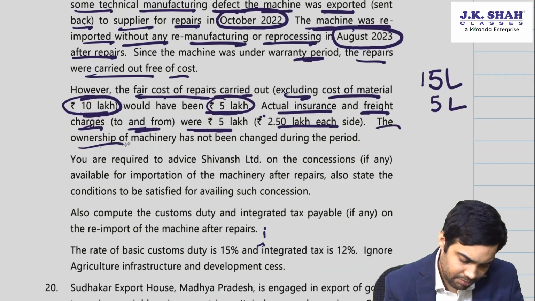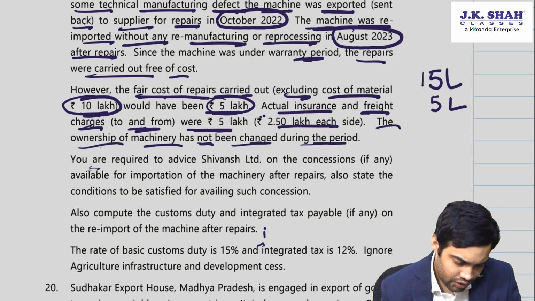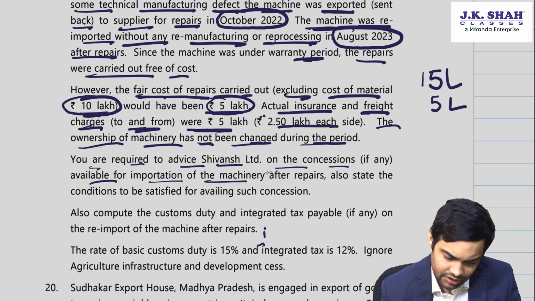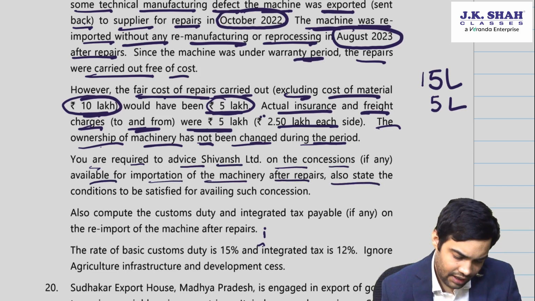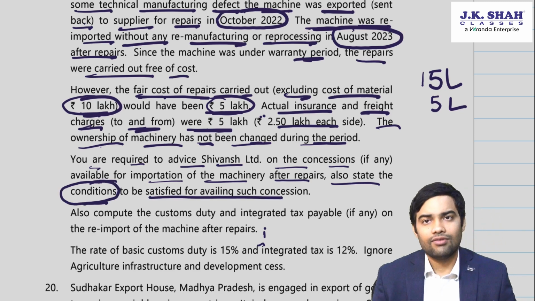The ownership of the machinery has not been changed during the period. You are required to advise Shivans Limited on the concessions available for importation of machine after repair and also state the conditions to be satisfied for availing such concessions.